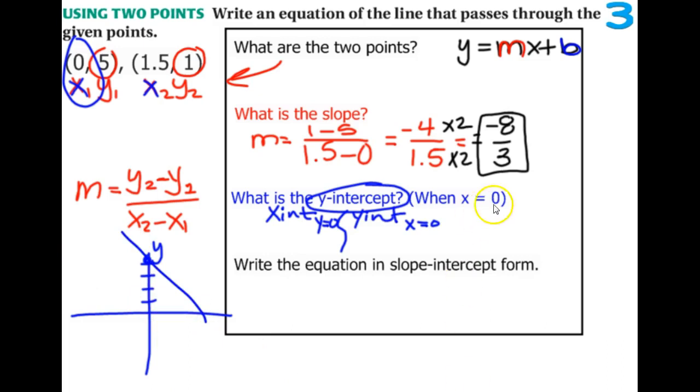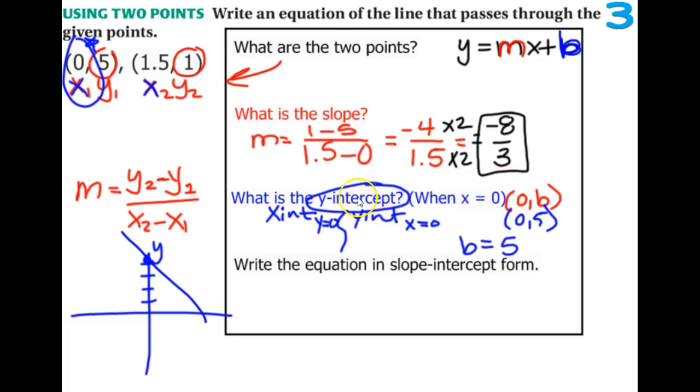So we can look for a point, we call this point 0, b, because the other number next to it tells us what our b is, or our y-intercept. So we have the point 0, 5 right here. So our b, or our y-intercept, is really just 5.